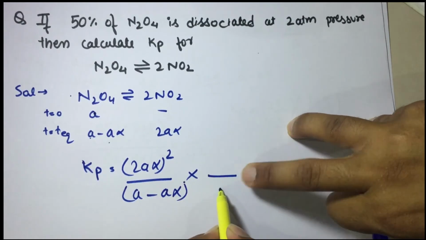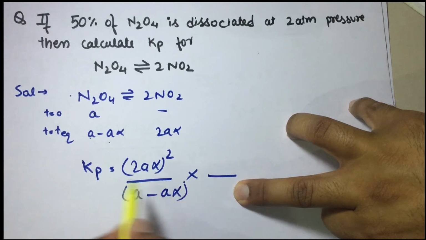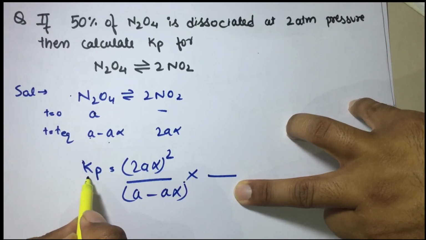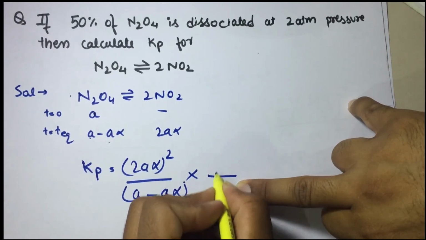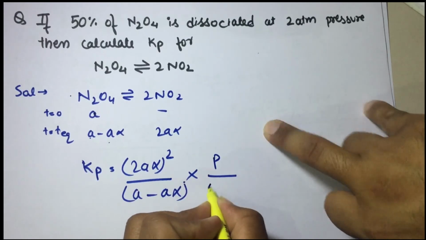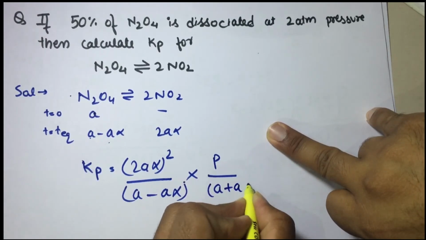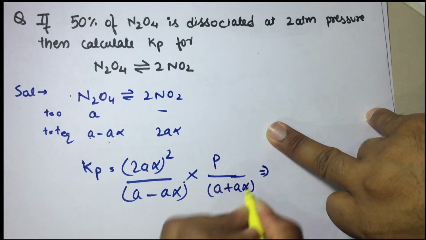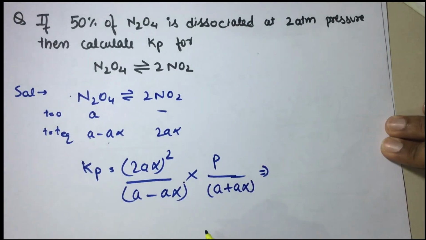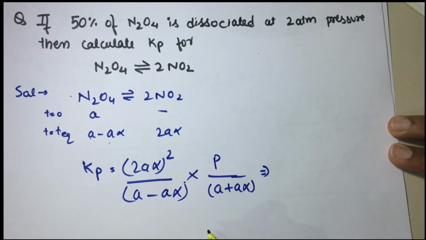So here we multiply volume if we are writing Kc, but now we are writing Kp. So we write here pressure and here total number of moles A plus A alpha. And if we are writing the expression of Kp correctly, then A will automatically cancel out.